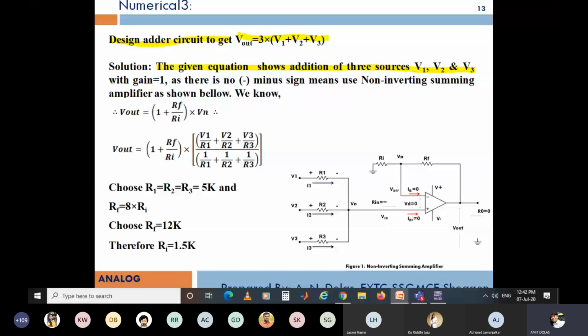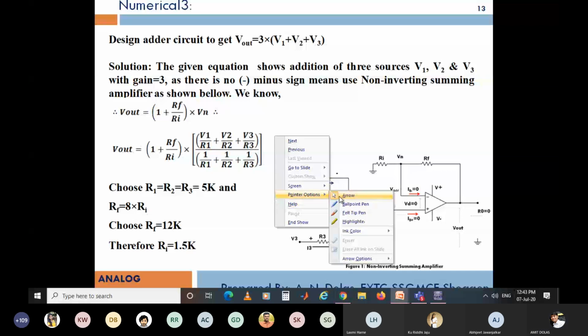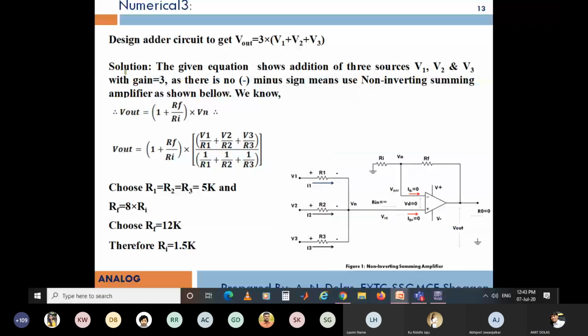I'm sorry, the previous slide was copy pasted. Gain of 3. So given is addition of 3 sources, then gain is equal to 3.